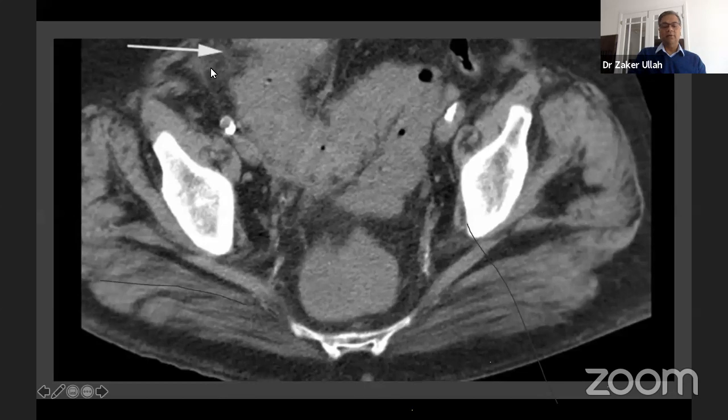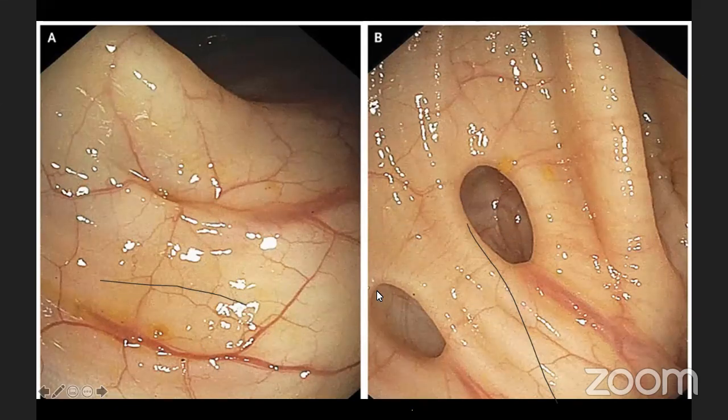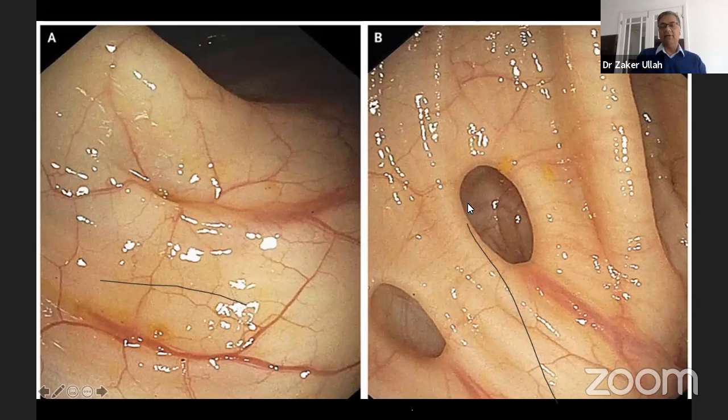Interruption, that's what they're saying. Okay, there's a small perforated large bowel, and this is the endoscopy picture of the same guy about 3 months ago. What are those things you can see here? Diverticular, sir. Diverticular, good, typical diverticulum in the sigmoid colon. You're absolutely right. So that's the picture.